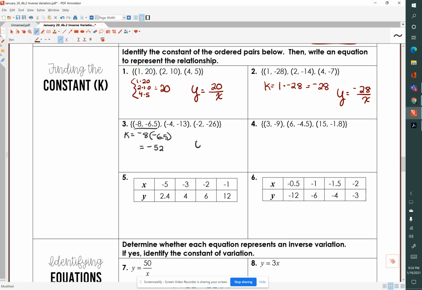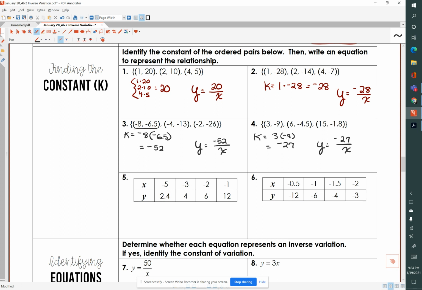So y equals negative 52 over x. That's simple. Number 4, k equals 3 times negative 9, which is negative 27. So our inverse variation equation is y equals negative 27 over x.